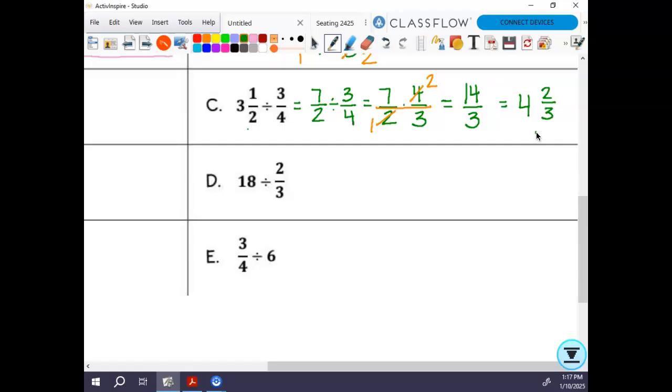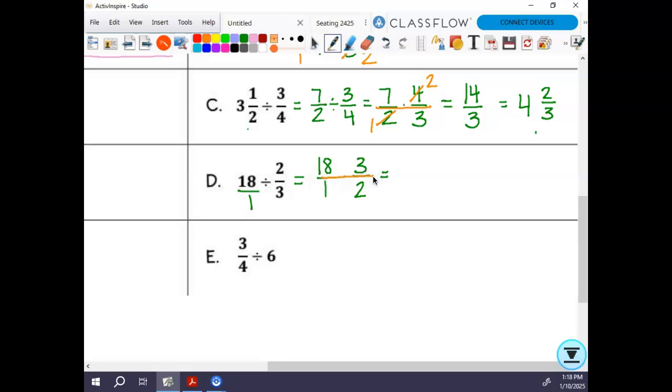But all right, what do I need to do first on D? 18/1. Anytime you're dealing with fractions, I highly suggest you always put your whole number over 1. Now I can keep, change, flip. So I'm going to get 18/1 times 3/2. Can I reduce? Yep.